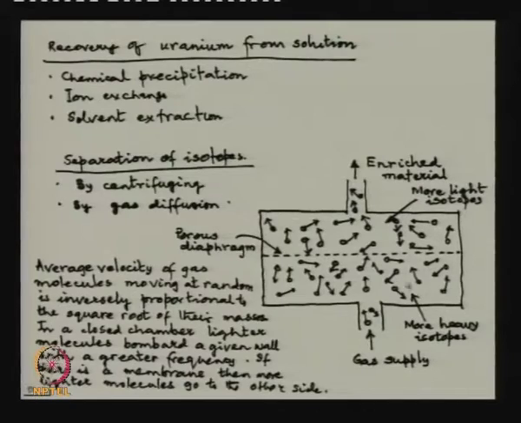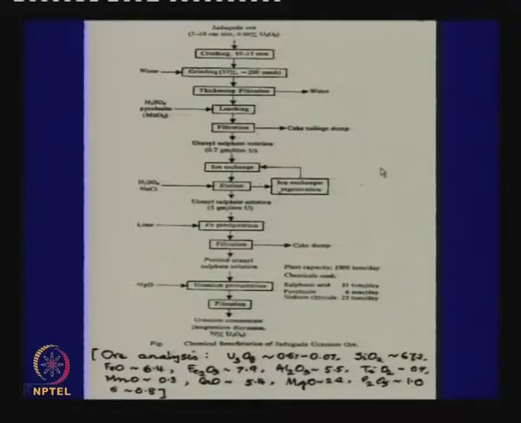All the molecules are moving all over the place, but the lighter isotopes are likely to impinge on a membrane more frequently and therefore escape. So, from the other side of the membrane we get an enriched material which has more U-235 as compared to U-238. This is one way.